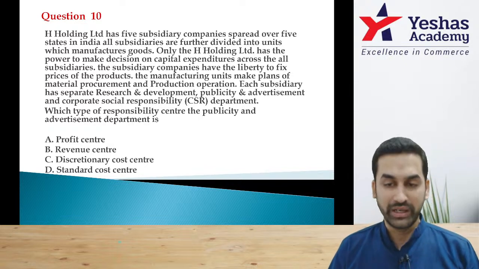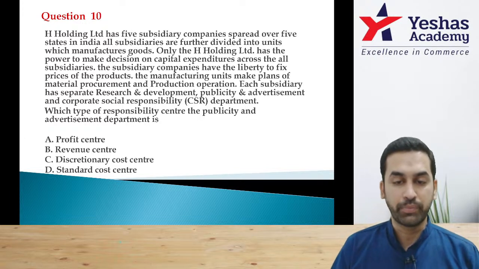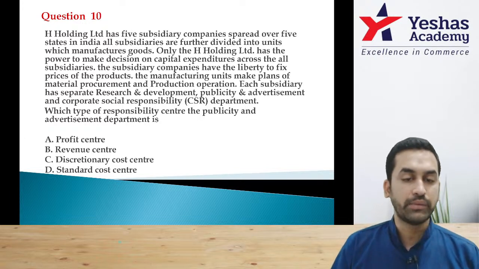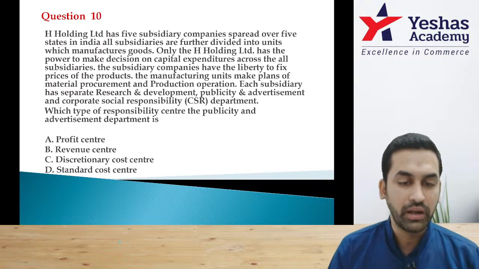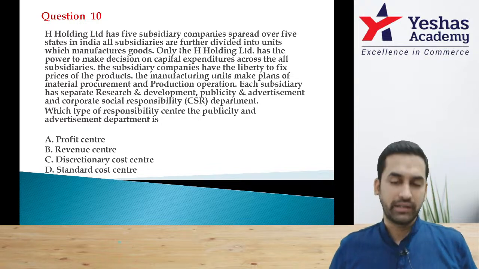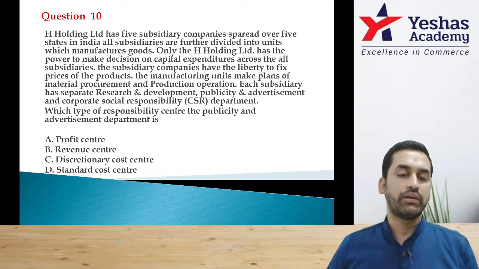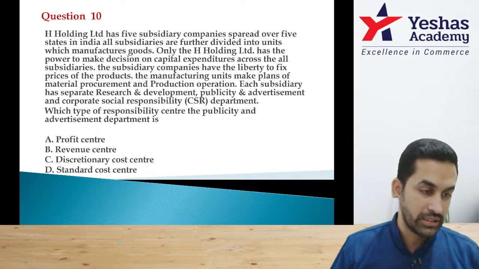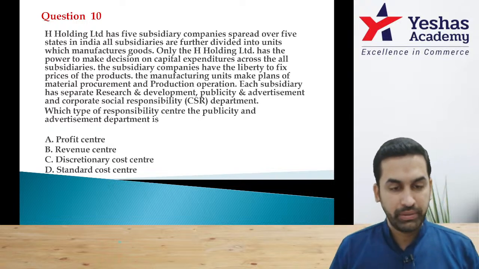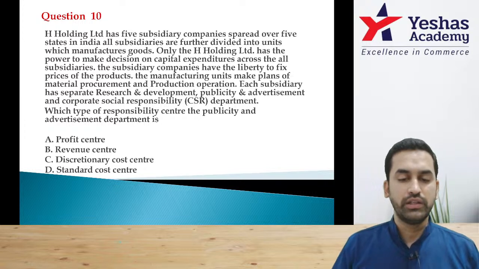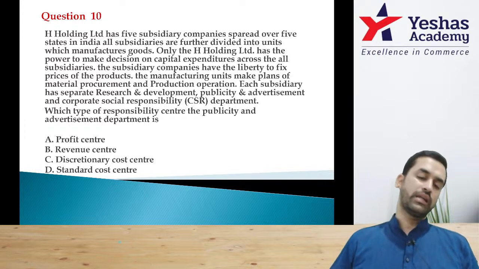The manufacturing units make their own plans of material procurement, production, etc. Each subsidiary has separate R&D, publicity, advertisement, and CSR departments. Which type of responsibility center is the publicity and advertisement department? Option A, profit center; B, revenue center; C, discretionary cost center; D, standard cost center.